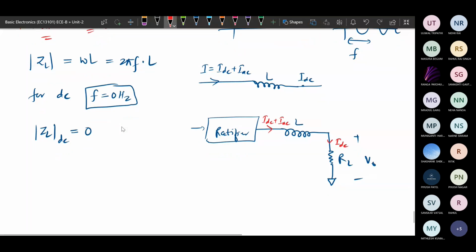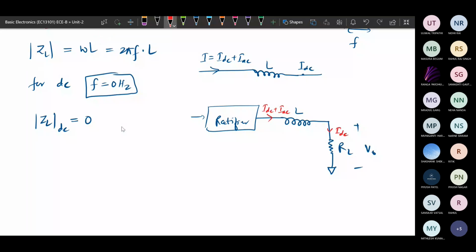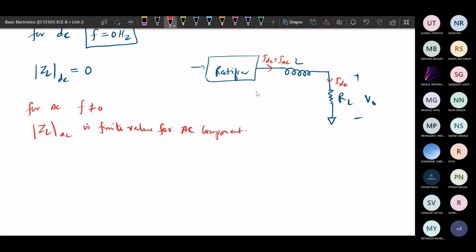So from there we can say that for DC the resistance offered will be 0. Similarly for AC, the frequency will not be equal to 0, so ZL will be some finite value. For AC there will be some resistance.